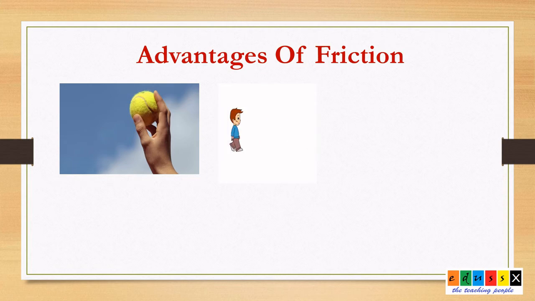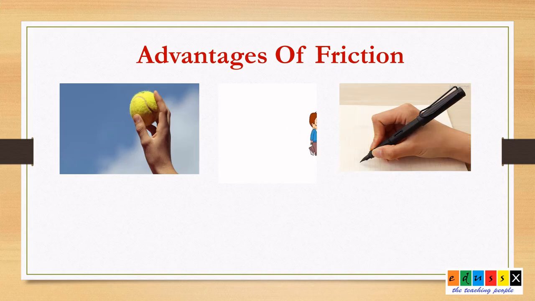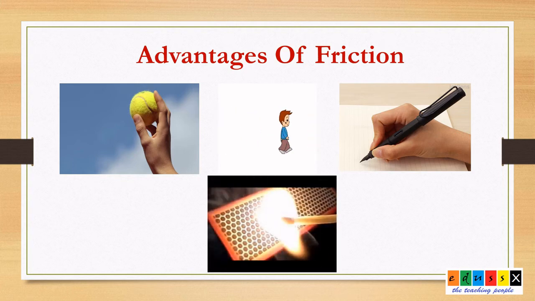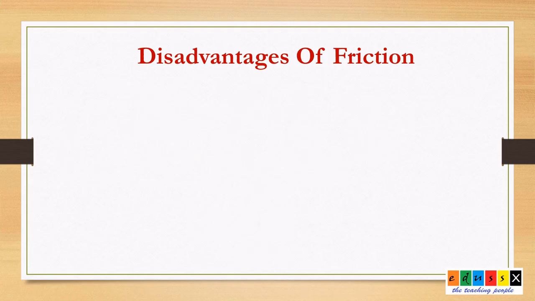Walking on a road is also because of friction. Writing on a paper with a pen is due to friction. Being able to light a matchstick is also due to the friction of the two bodies involved in the process.